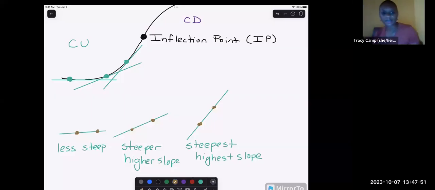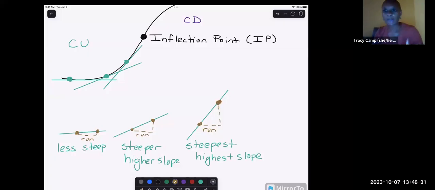So if you imagine you make the run for all of these the same, since slope is rise over run, notice that the steeper your line, the higher your rise is going to be.